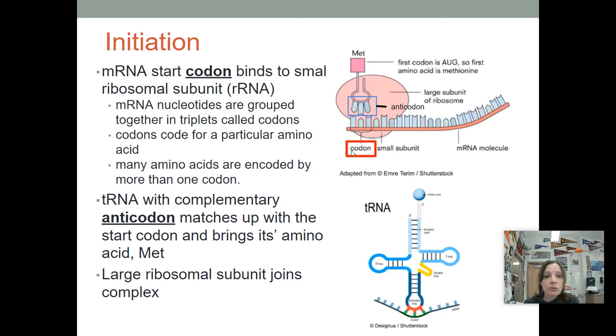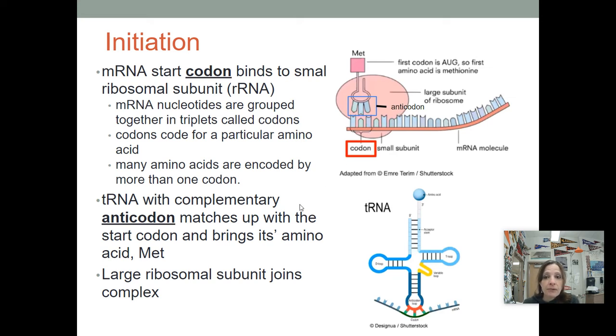They're grouped, like we said, in triplets called codons. And each codon is going to correspond with a particular amino acid, okay? And many amino acids are encoded by more than one codon. I'll show you that in a second.